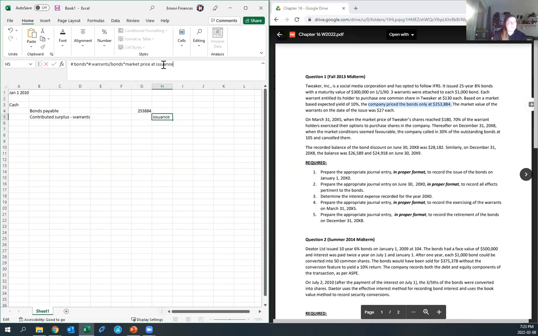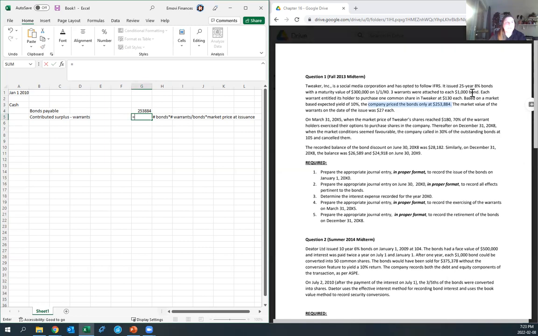So to find the number of bonds, we know that our maturity value is $300,000 and that they're $1,000 bonds. So I'm going to do 300,000 divided by $1,000 to find the number of bonds that they issued. Then I'm going to multiply by the number of warrants per bond, which is 3, times the market value of the warrants on the date, which is $27.